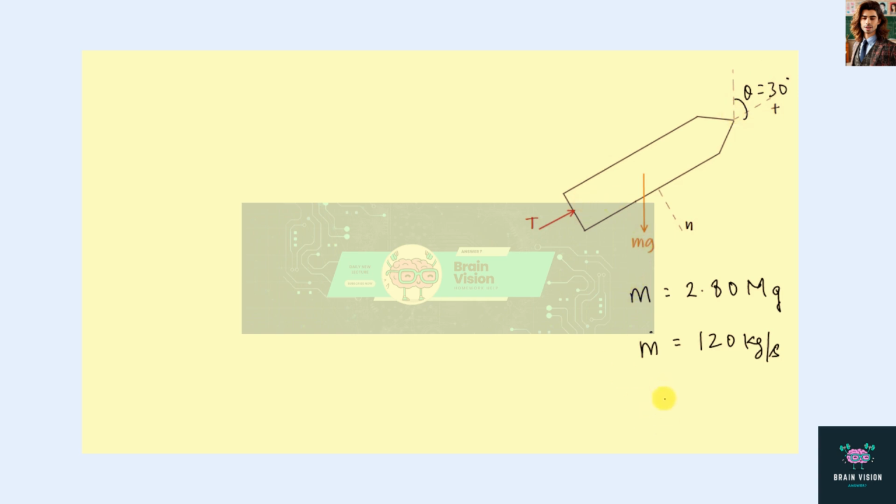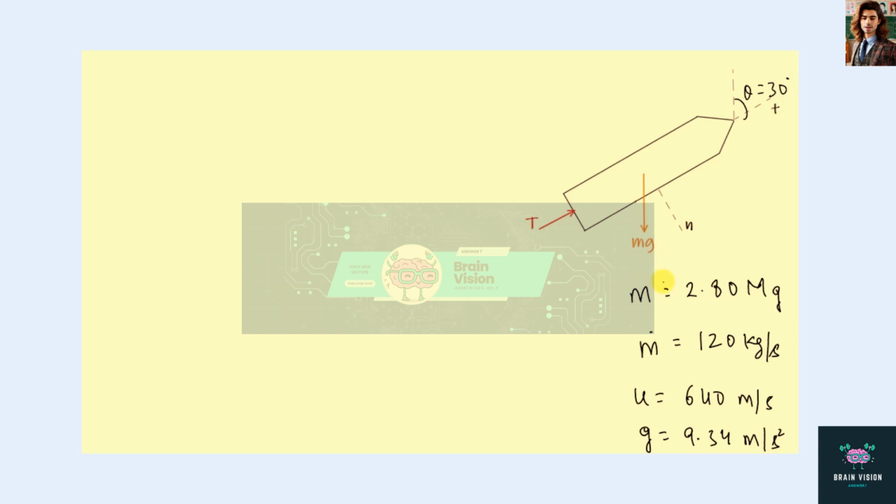The exhaust velocity is given as 640 meters per second at the given instant, and the acceleration due to gravity at the given altitude is 9.34 meters per second squared. We have to calculate the n component and the t component of the acceleration of the rocket.